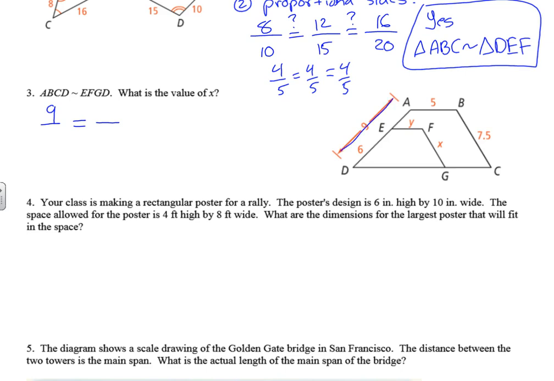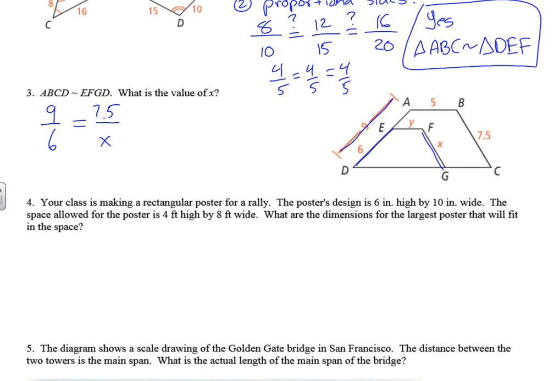See how the 9 and the 6 correspond? So you're looking for one where you know both of the numbers. That's kind of like our scale factor, if we think of that. Now X is over here, it's on the smaller one, so X is FG. What side does that correspond to? That corresponds over here to 7.5.